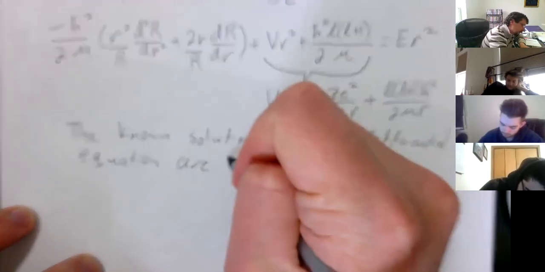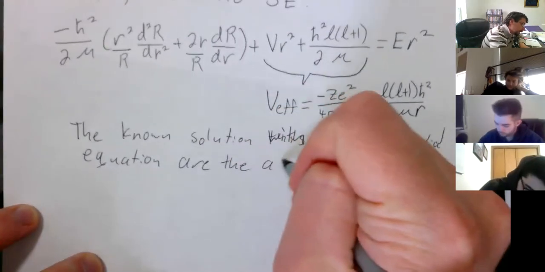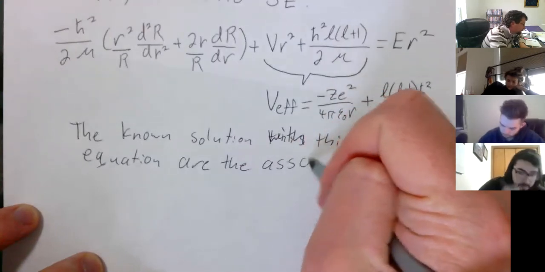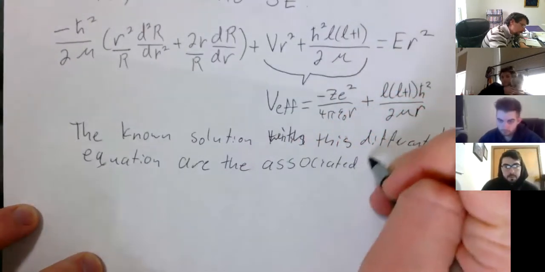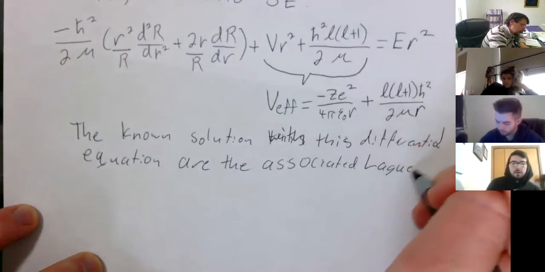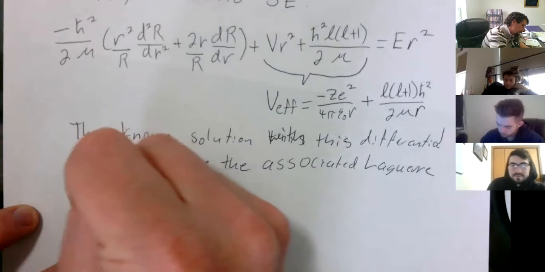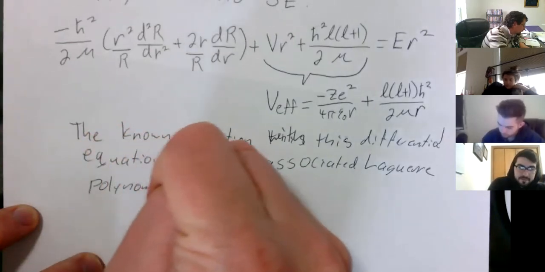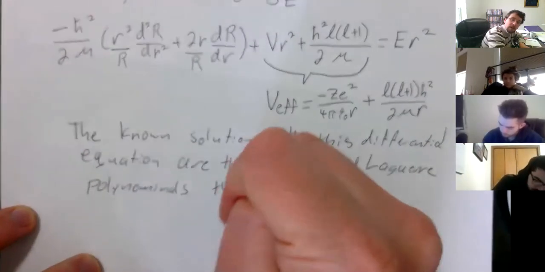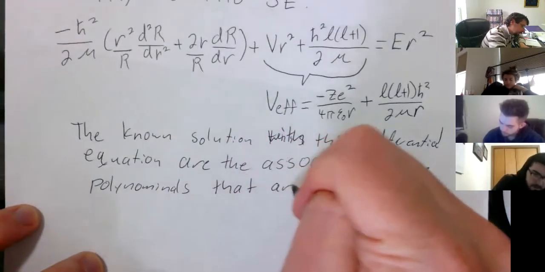They are the associated Laguerre polynomials that are restricted based upon two numbers.